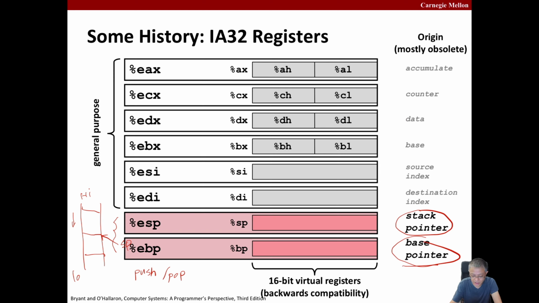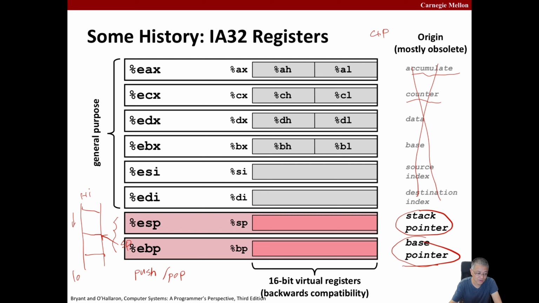So originally, those registers, they have a specific usage. Like EAX is something called an accumulator. So the ECX is the counter. So now those are mostly obsolete. So you don't have to remember this. It's just a general purpose register.